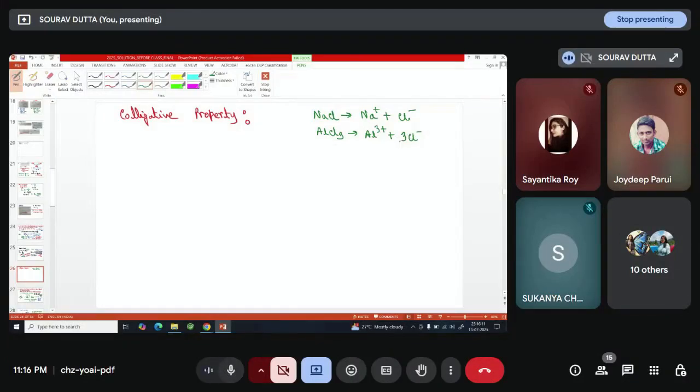So here the number of ions is 3 plus 1, that is 4. So in this case the property is higher because the number of ions is higher. So basically the property depends on the number of solute molecules or ions present in the solution, but it does not depend on the nature of the solute molecule.